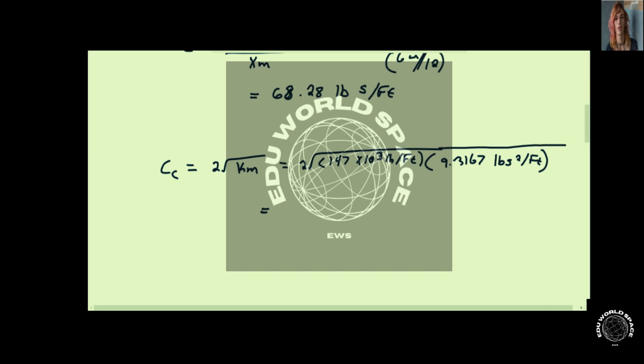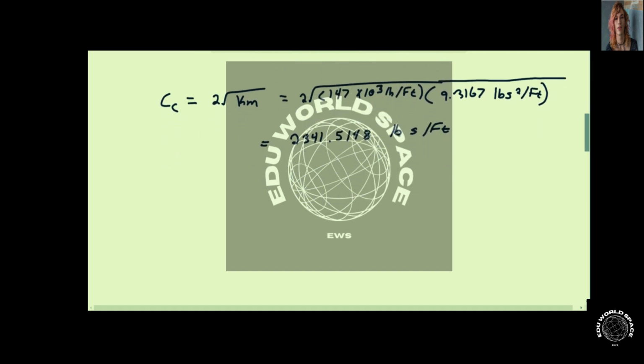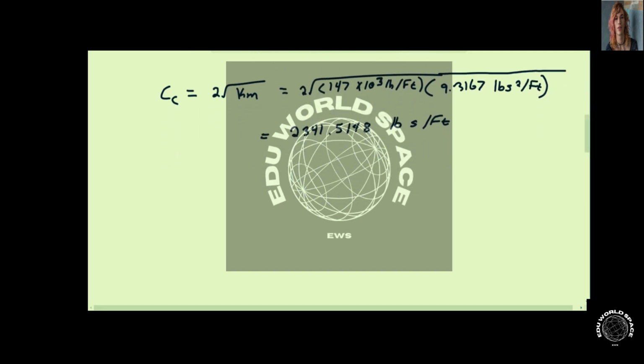Now we get 2,341.5148 pounds second per feet. Okay. And now for the damping factor, which is what they wanted for this problem, we get C over CC.